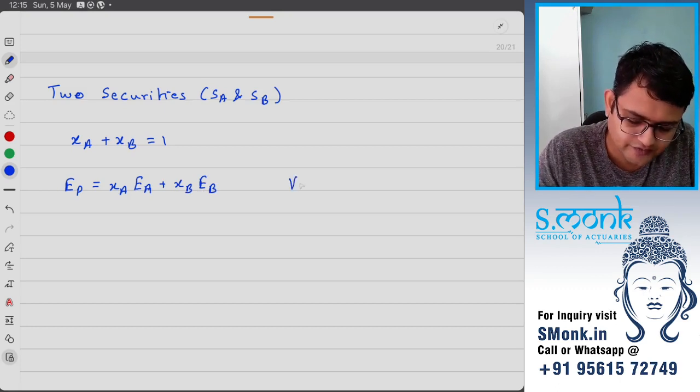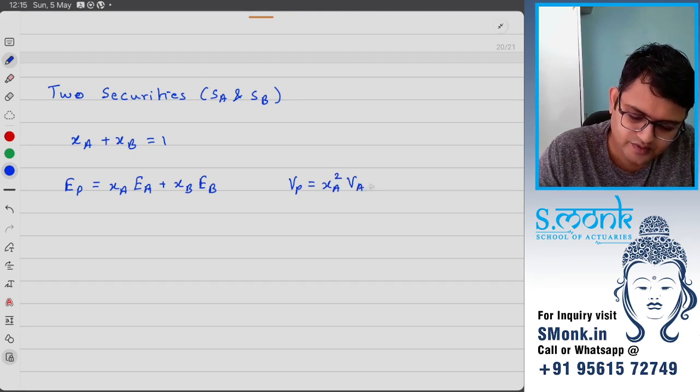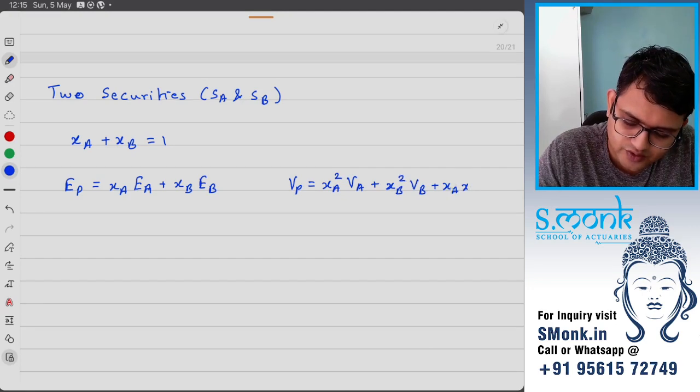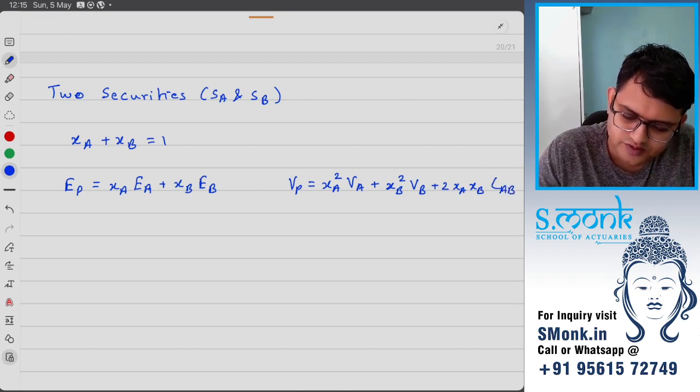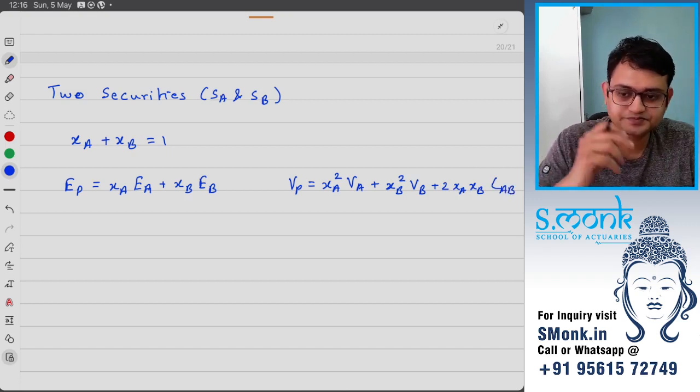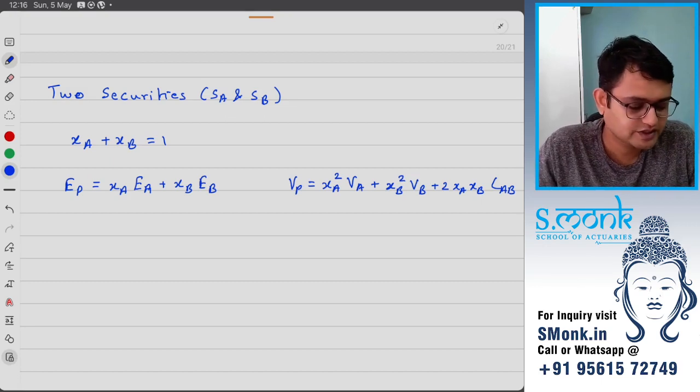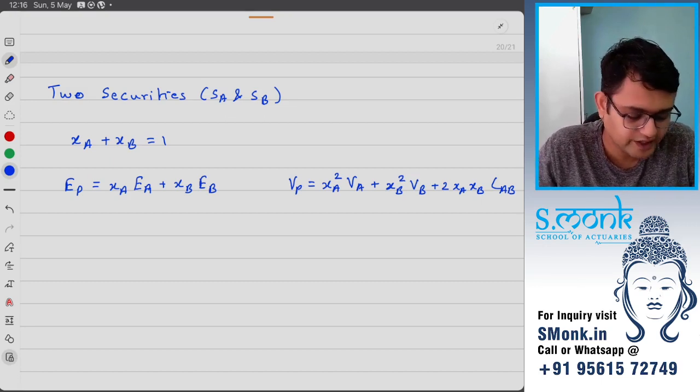And then the variance of the portfolio would be XA square VA plus XB square VB plus 2 times XA XB CAB. Is this clear? Is this straightforward? Any doubts here?